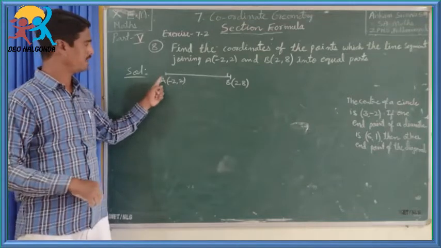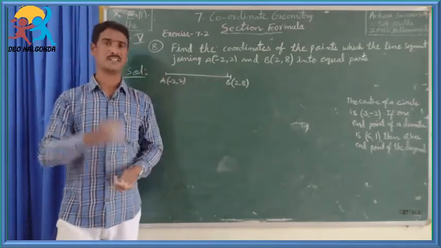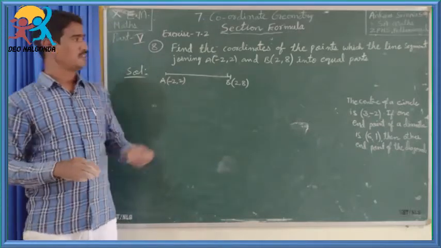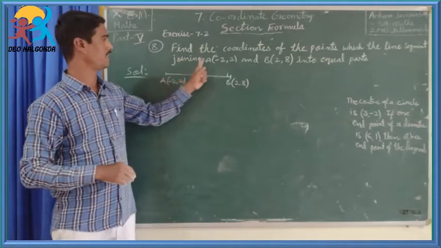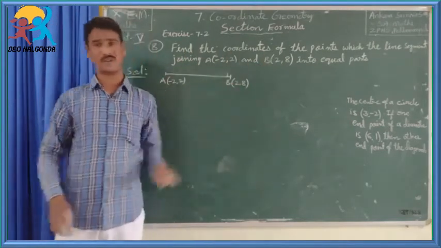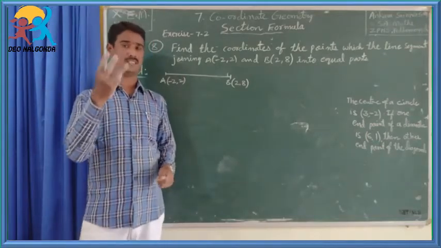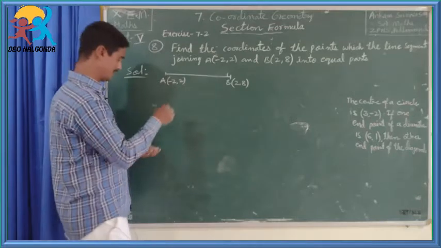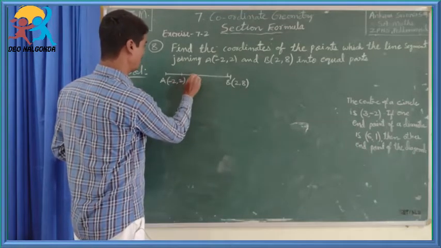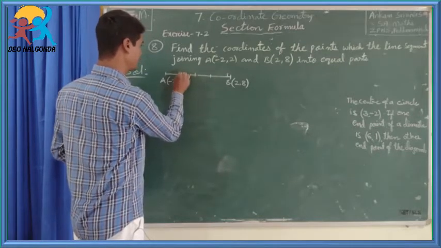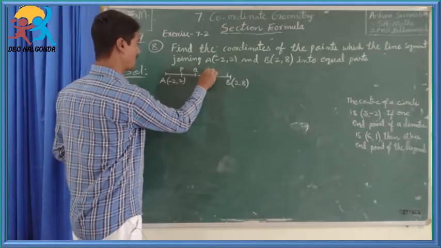So to divide a line segment into 4 equal parts, we require 3 points. Let us suppose the points are P, Q, R.